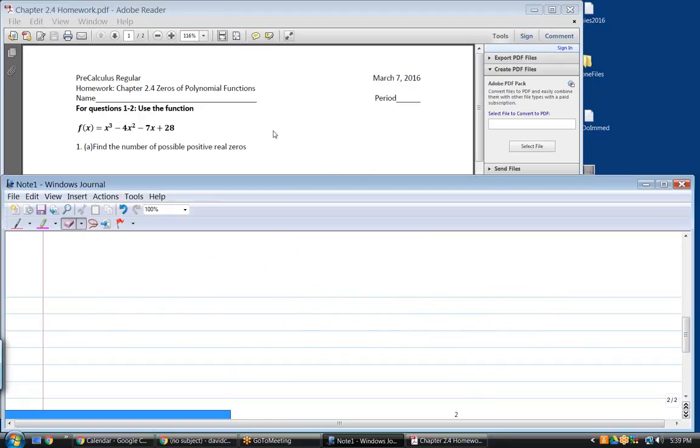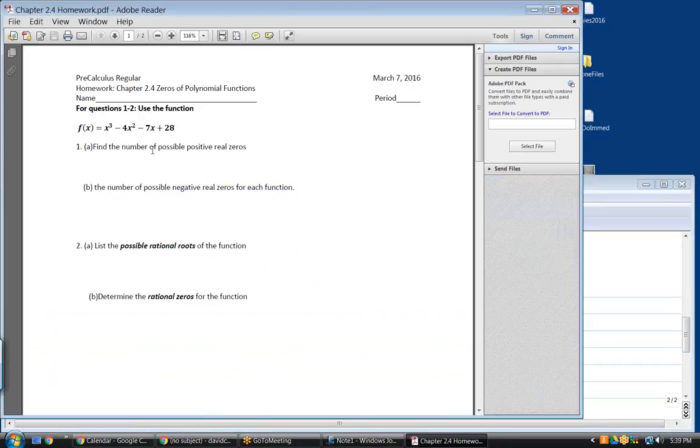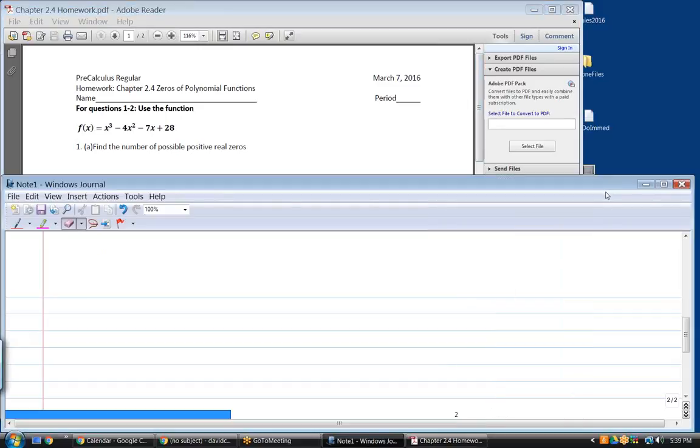I'm surprised he's using this as an example for the rational factor theorem, other than the fact that we know we can solve it the other way also. But the rational factor theorem says the following.